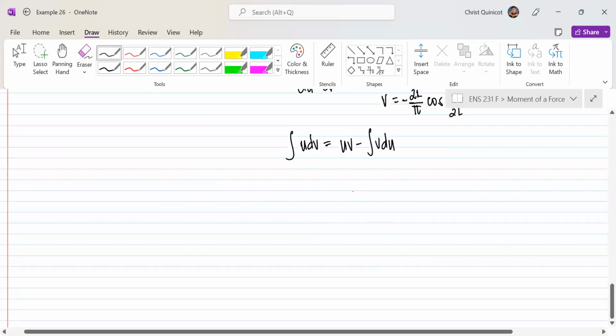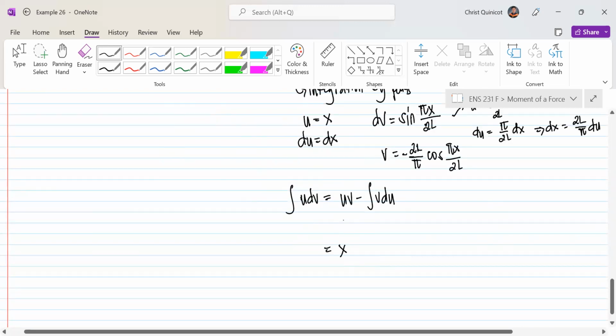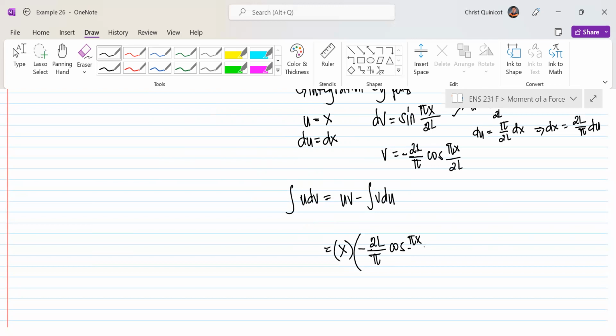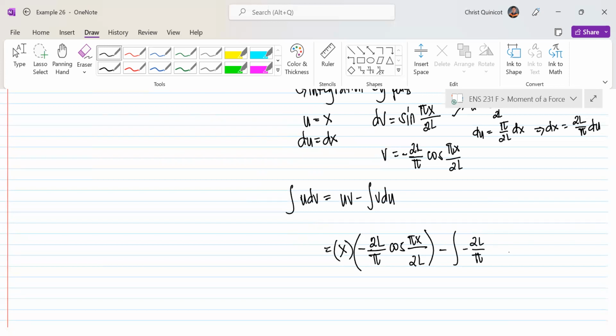Okay, so the integral of u dv is equal to uv minus the integral of v du, right? So this is equal to, our u is x, our v is negative 2L over pi cosine pi x over 2L, minus the integral of our v, which is negative 2L over pi cosine pi x over 2L, then our du is dx.